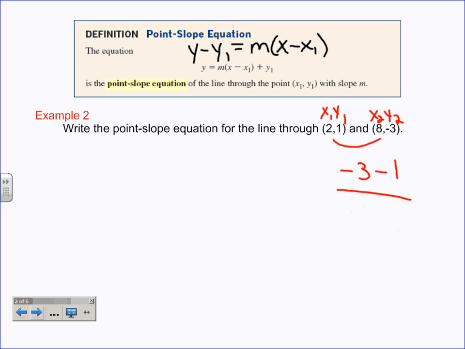And 8 minus 2, very good. And so negative 4 over 6. Yep, as you say, negative 2/3. Very good. So is negative 2/3 the answer to the question? Yeah, that is your slope.